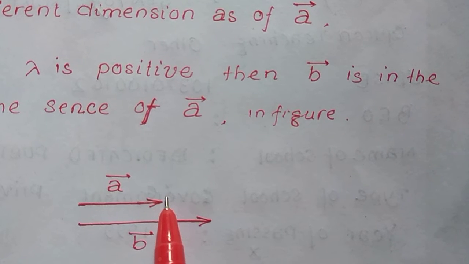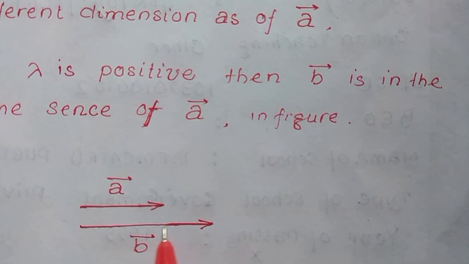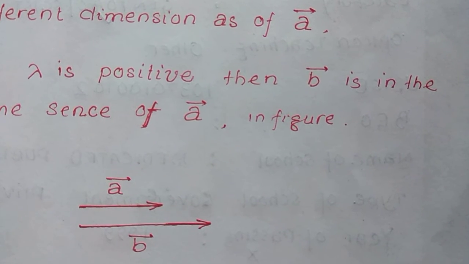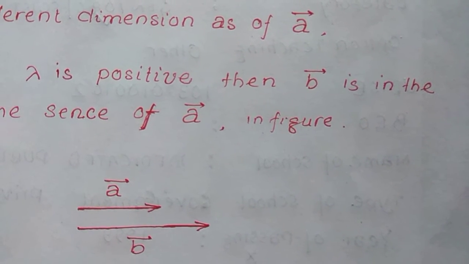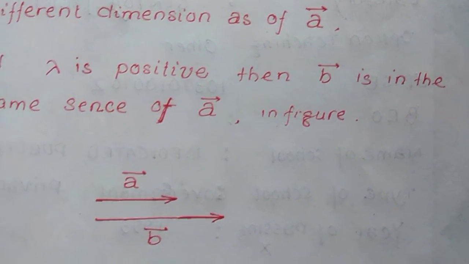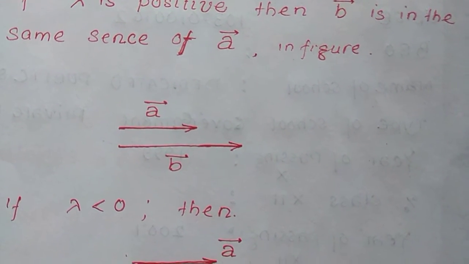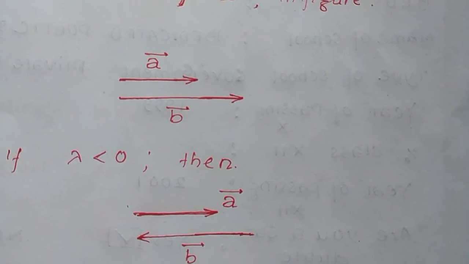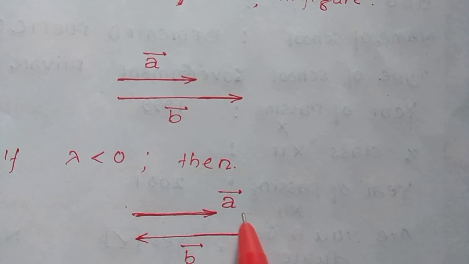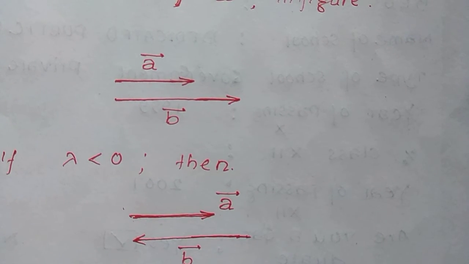If lambda is negative, then A and B vectors are in opposite sense, like this. Here lambda is negative, so A is in this direction, and B is in the opposite.